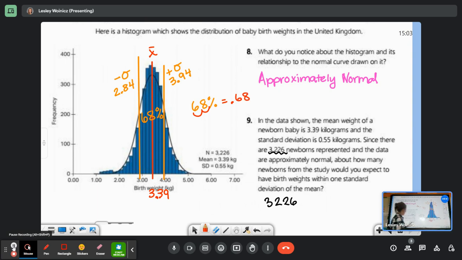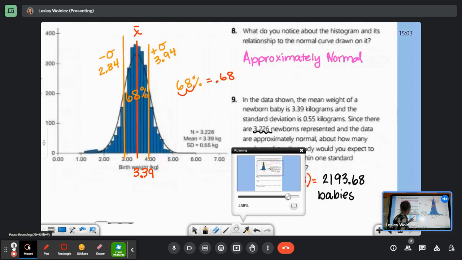So we take our number of babies times 0.68 and we get, can you give me 2 decimal places? 2193.68 babies. Just say the numbers out loud because my ears don't work. These babies are within 1 standard deviation of the mean.